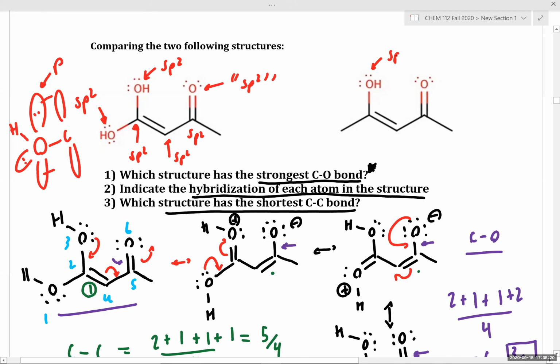Okay, so let's label the rest of our hybridizations. And just to make sure we're paying attention here, what about this rightmost carbon? What's the hybridization of this rightmost carbon? sp3, perfect.